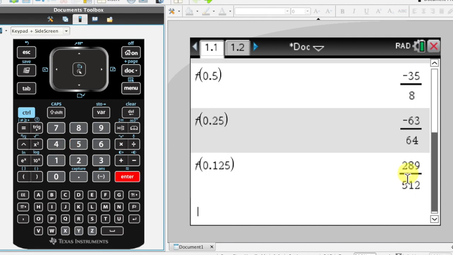Alright, so now that's positive. So what I'm able to tell now is that because f of 0.125 is positive and f of 0.25 is negative, then what I can say is that my solution lies between 0.125 and 0.25. So that is an eighth and a quarter. And I can keep on producing that until I get more exact.